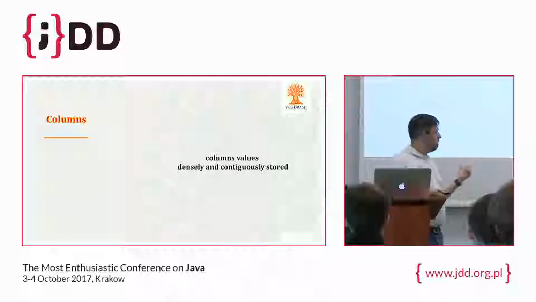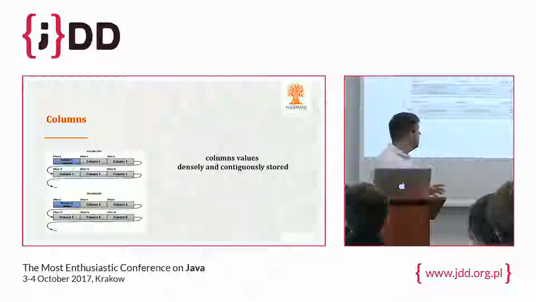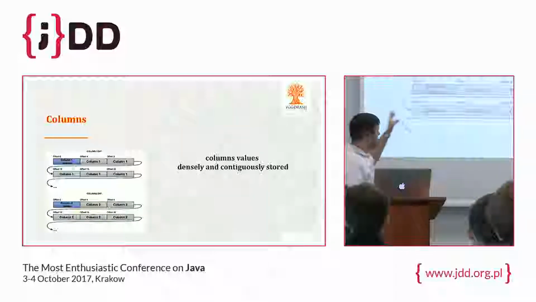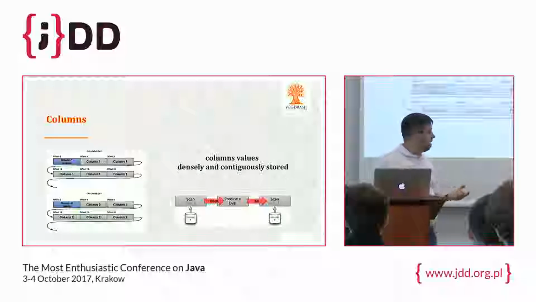So with columns, we store the values of the columns together. How can we see it in the picture? We have two column files. For the first column, all data related to this column is grouped into one file. Then, when you want to read it, you don't need to read everything.